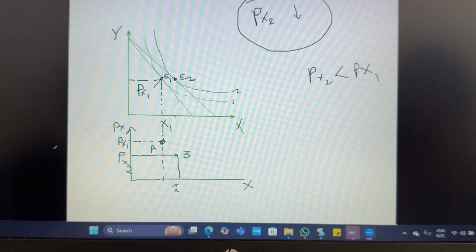Now you have 2 points. Actually, to construct the curve 2 points is enough. Joining these 2 points, you can draw a demand curve. Do it.